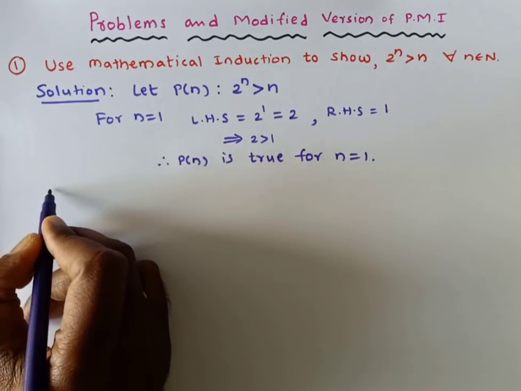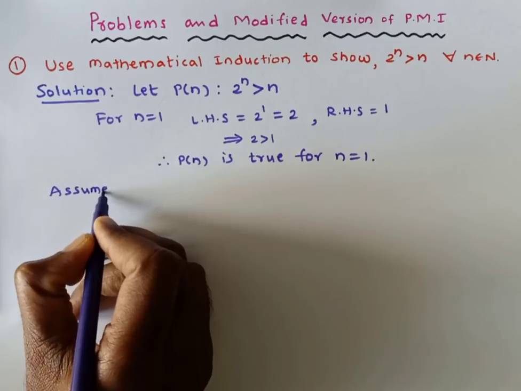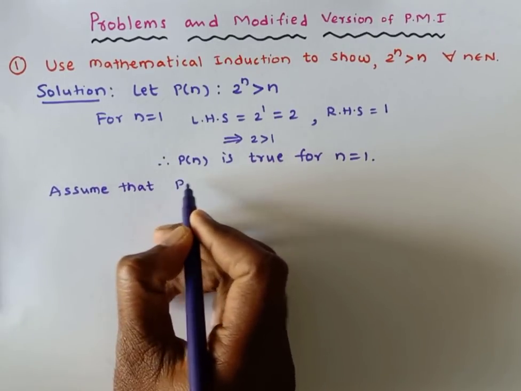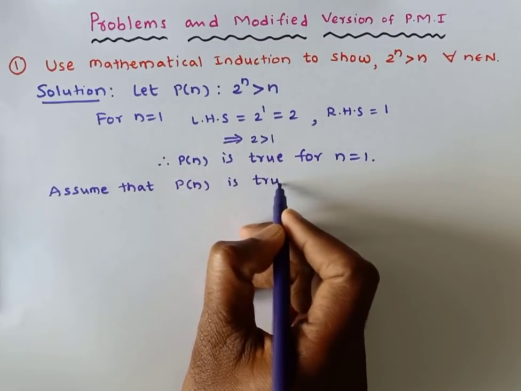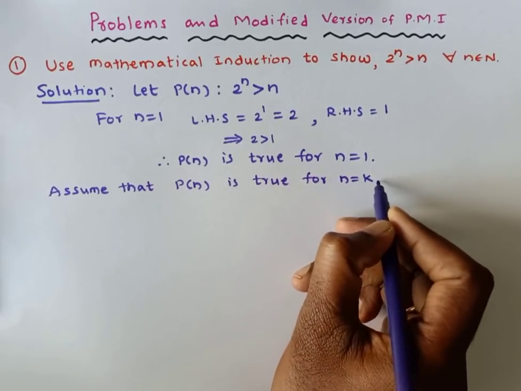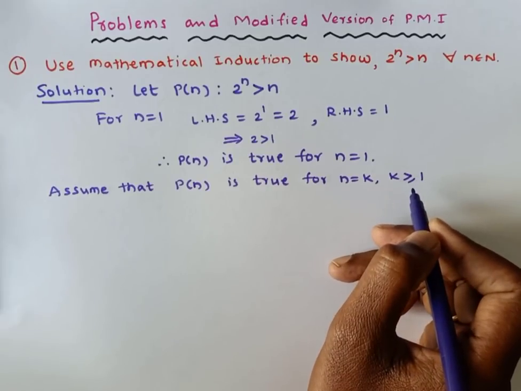Then the second step is the assumption. What is our assumption? Assume that the given statement p of n is true for n equals to some k, where k is greater than or equal to 1.